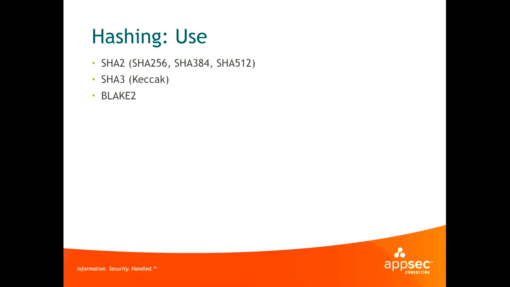Here's what you should be using. SHA-2 was created by the NSA to correct the issues with SHA-1 after they learned that it had flaws. SHA-3 was created by a public competition run by NIST to create an entirely new hashing algorithm.